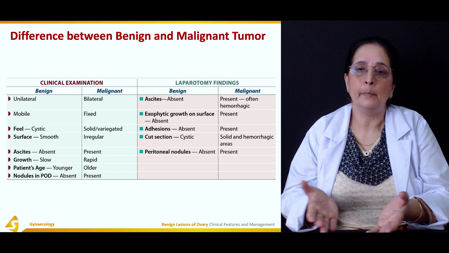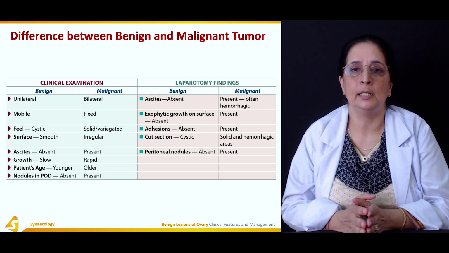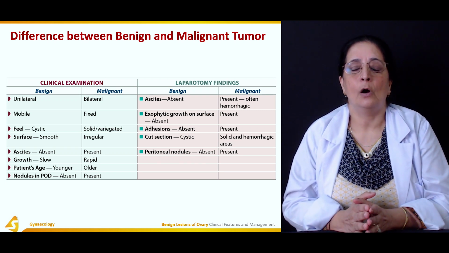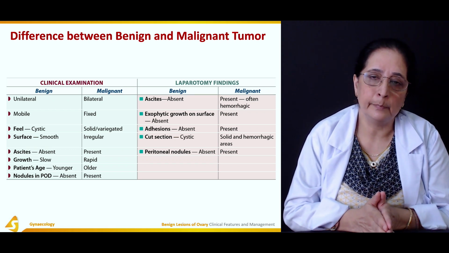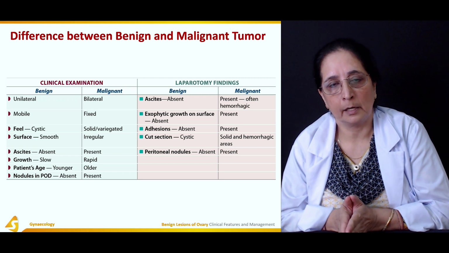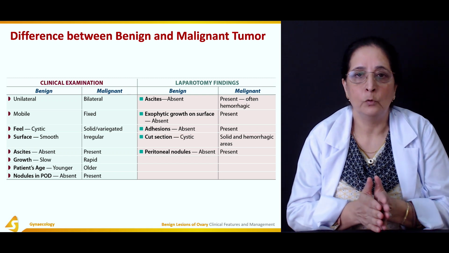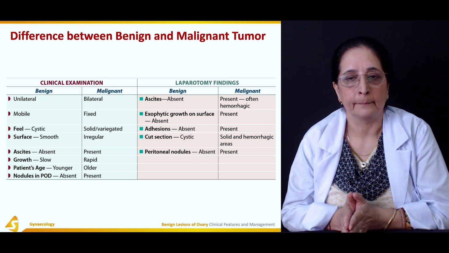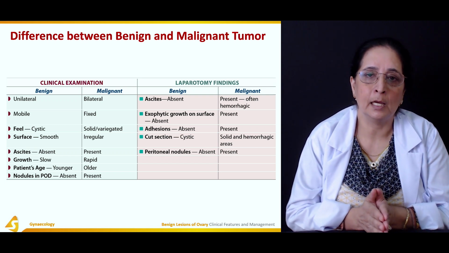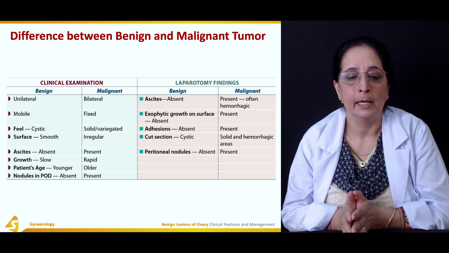So these are very common differences between the benign and malignant on clinical examination. Soft and smooth in benign, rough in malignant. Movable in benign, not fixed in malignant. Unilateral in benign, bilateral in malignant.